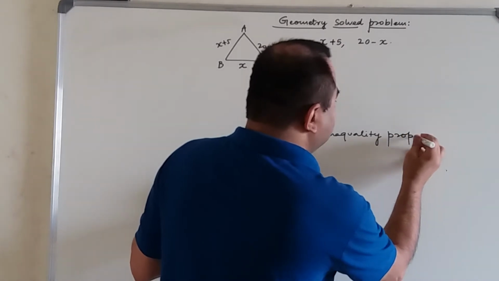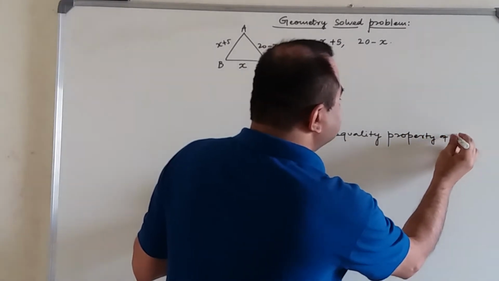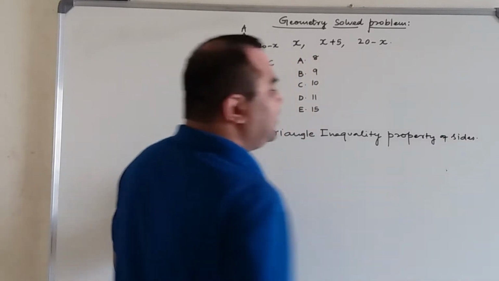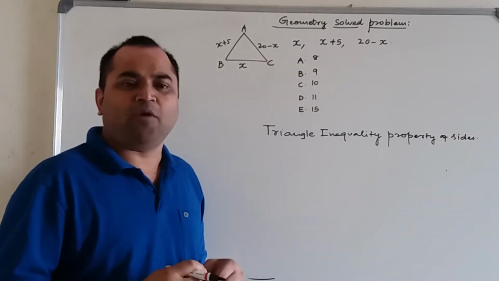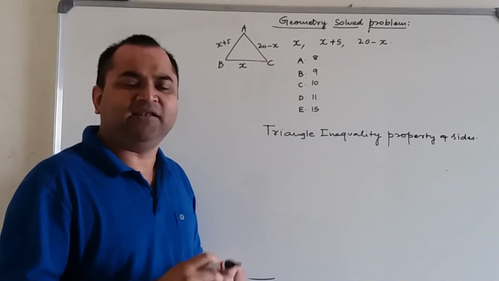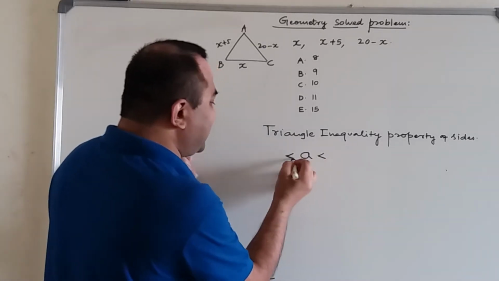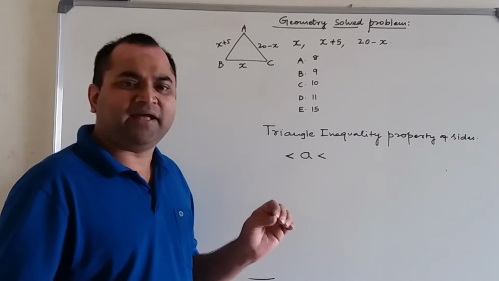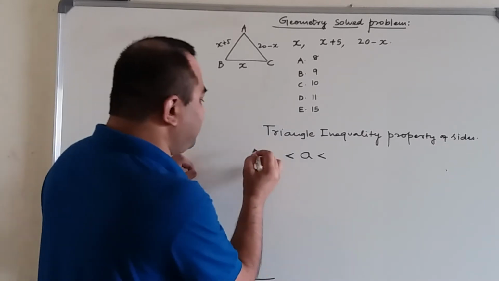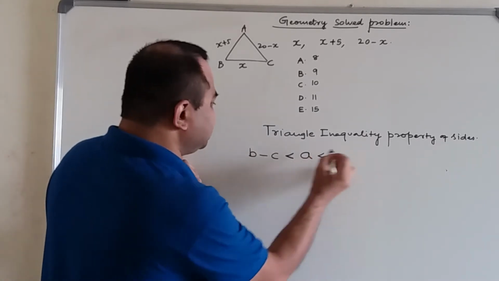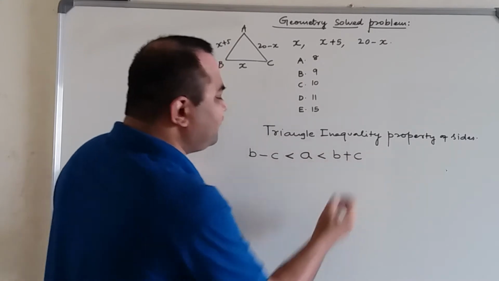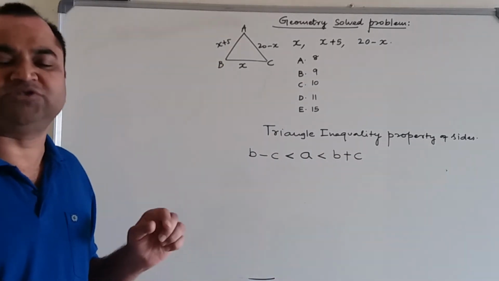Triangle inequality property of sides. The triangle inequality property of sides in a triangle tells that the length of the side in any triangle must lie in between the difference and the sum of the lengths of the other two sides.